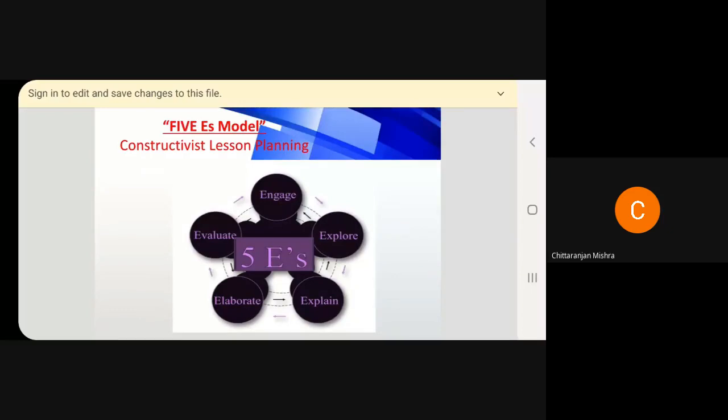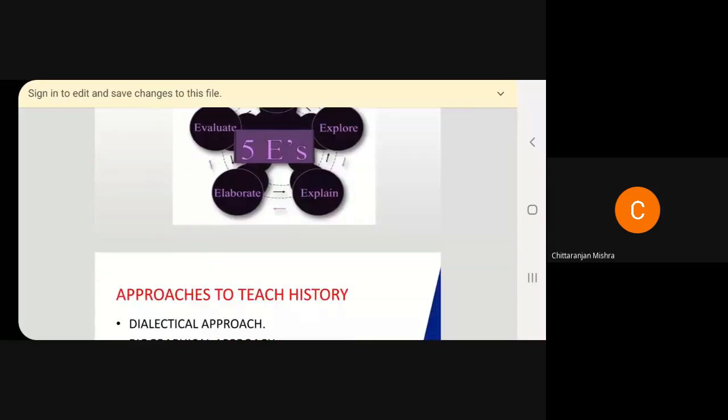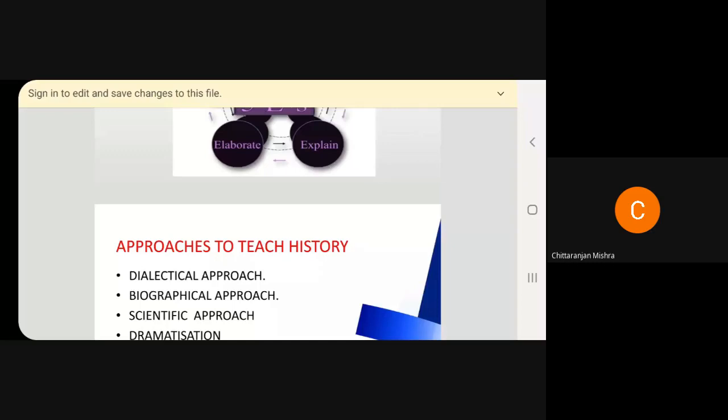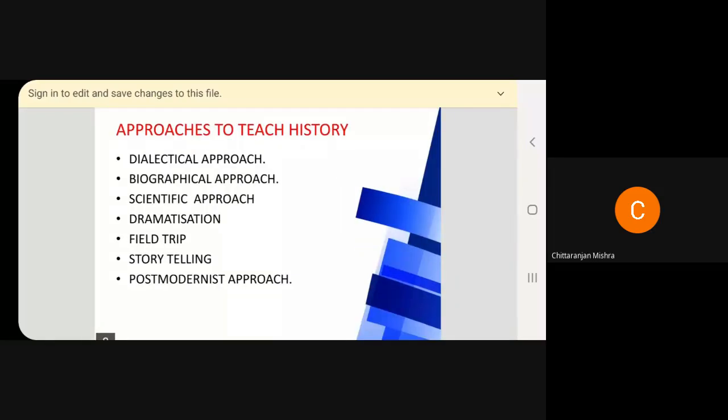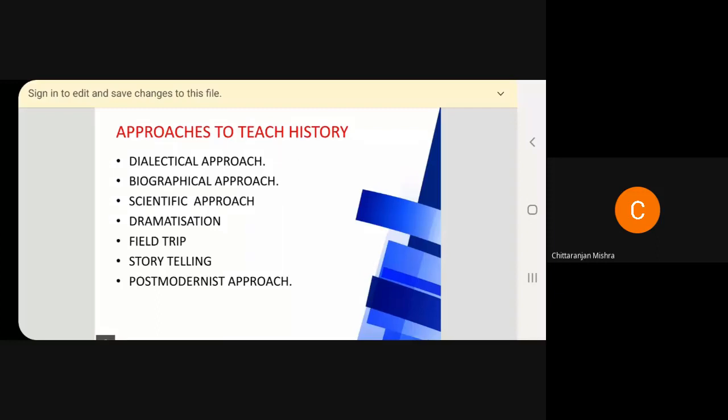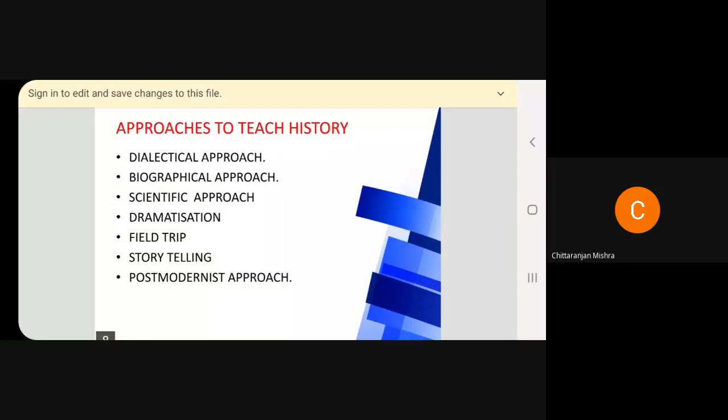Next, we are talking about different approaches of history and political science. Yesterday I also showed you the popularly used approaches for teaching history. So this is the dialectical approach, another is the biographical approach, scientific approach, dramatization approach, field trip, storytelling, and postmodernist approach.